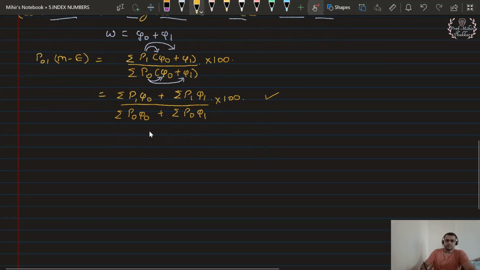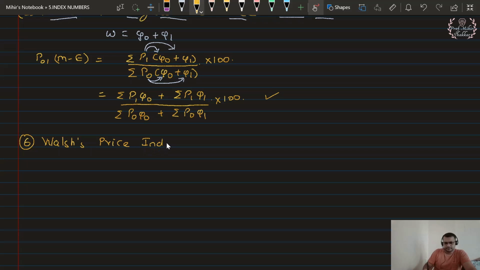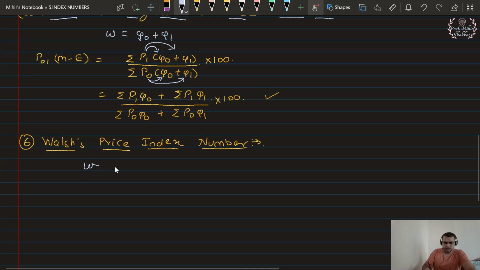And then finally the last one is Walsh's price index number. When we talk about the Walsh's price index number, what he did is he considered the weight as root of Q1 into Q0.